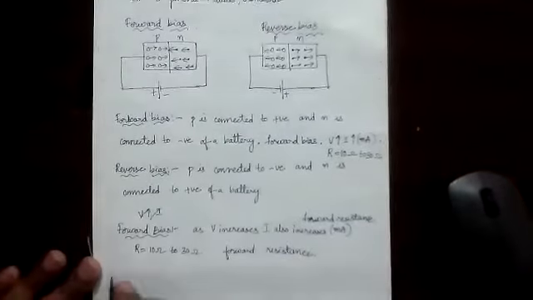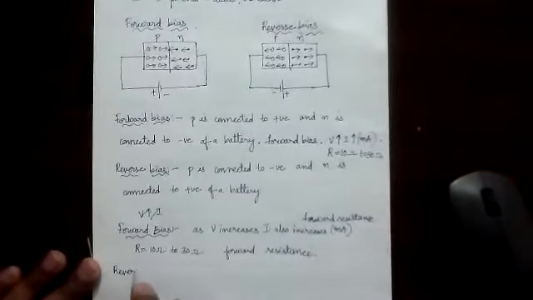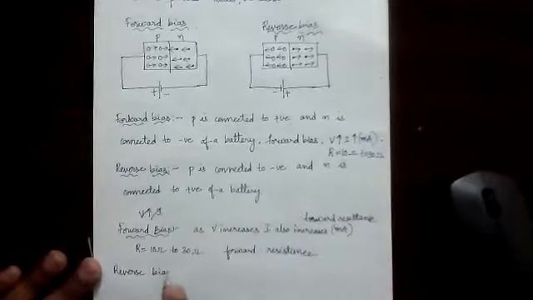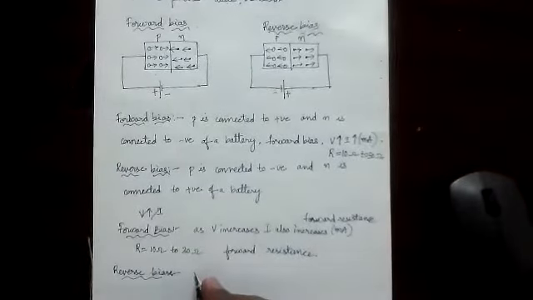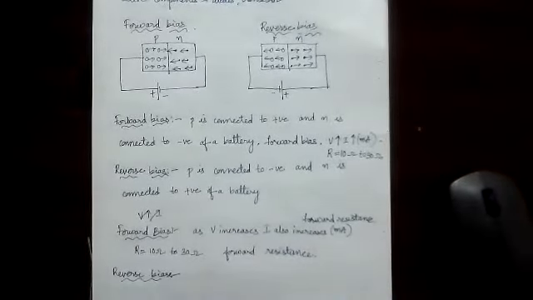Coming to the reverse bias. In reverse bias, what is happening? As voltage increases, a very small current will flow. Yes, a small current does flow even now.